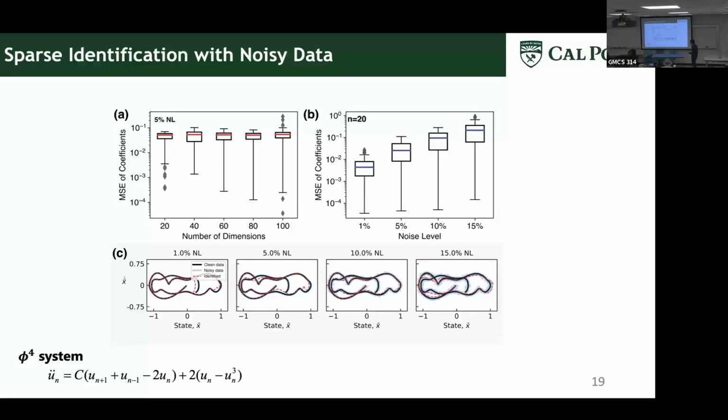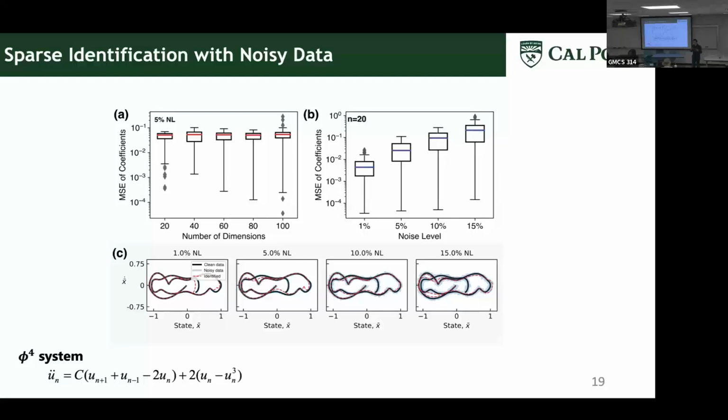And in the bottom one, we compare the evolution of the clean data, the noisy data, and the evolution of our identified system. Because this is a nonlinear system, even if you have a very good match of coefficients, the trajectory is eventually going to diverge. We compare the simulation of the real system and the identified system.